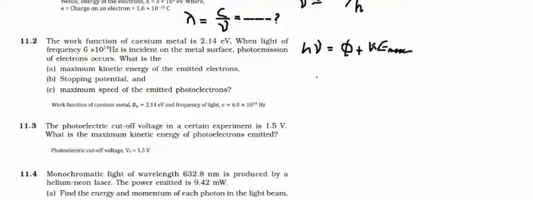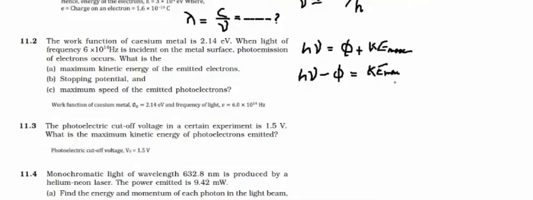From there we can calculate h nu minus phi is equal to Ke max. Now the frequency is given, phi is given. You can substitute the value of Ke max.